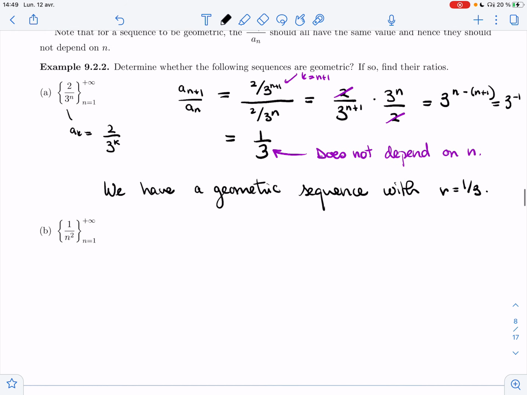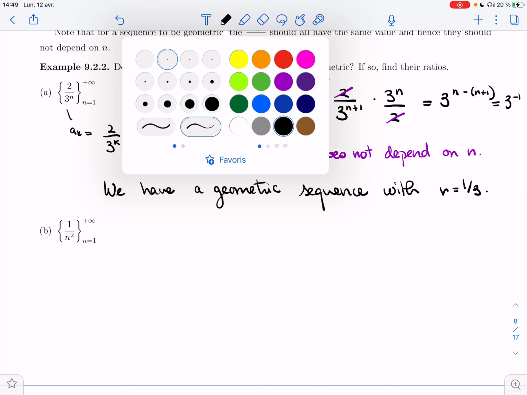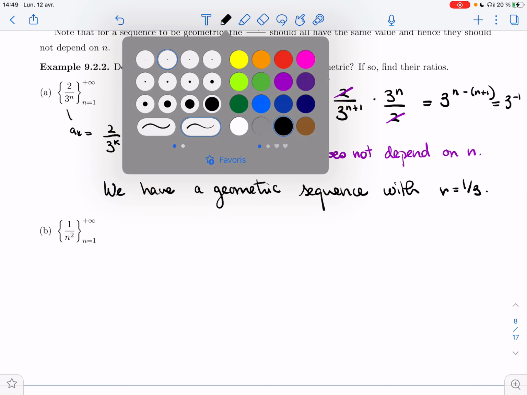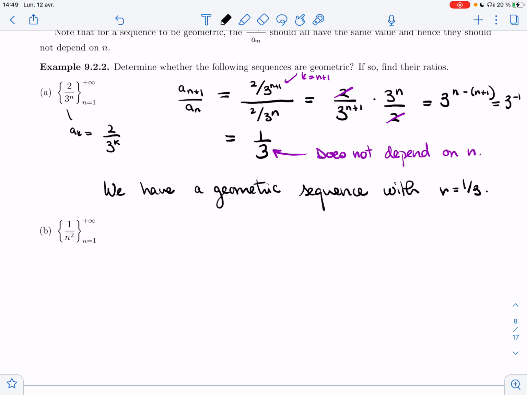All right, let's try a second one. Let's do exactly the same thing. I'm going to look at the ratio of a_(n+1) to a_n, and see if I can simplify it. So in this case, a_k is 1 over k squared.